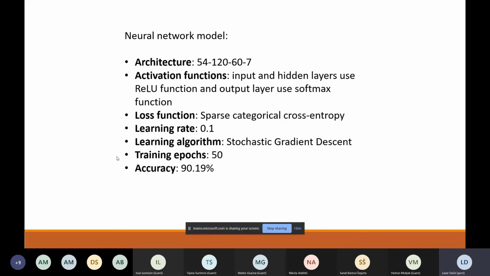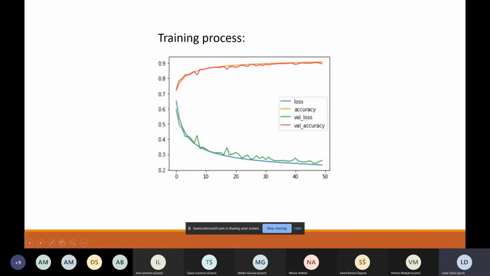And as for accuracy, the accuracy was 91.19%, which is quite good and makes the model usable. So here is the training process. And we can see that after 50 epochs, we reached an accuracy of around 90%, and our accuracy started to plateau, thus making any further epochs unnecessary and pointless.